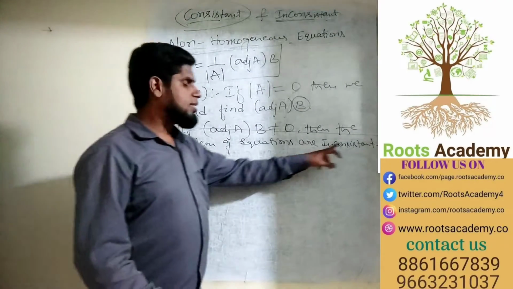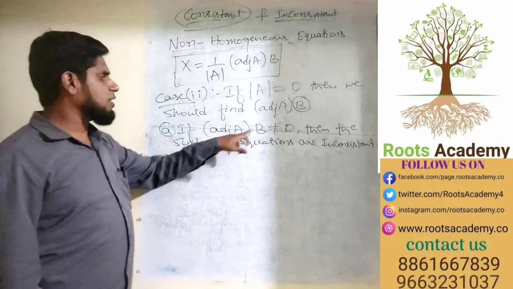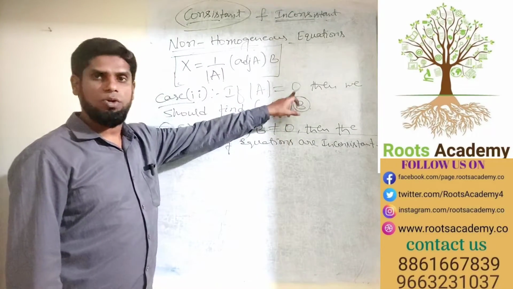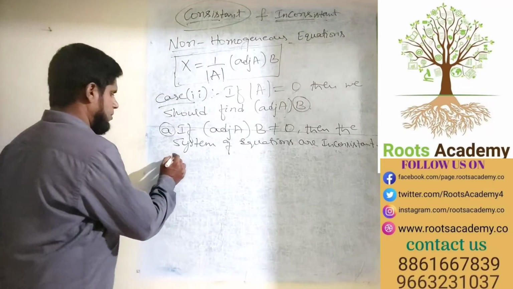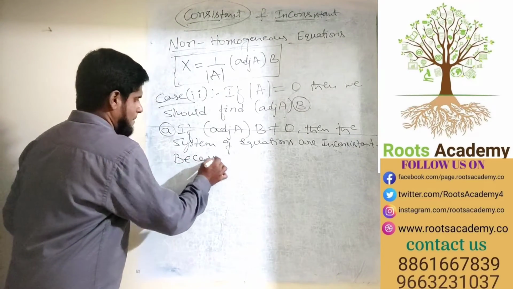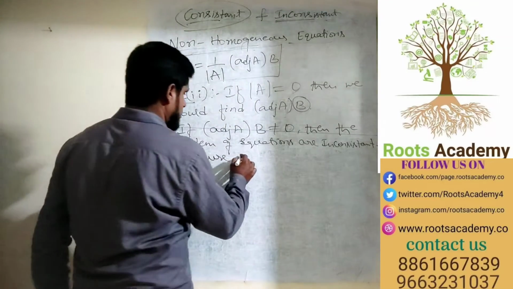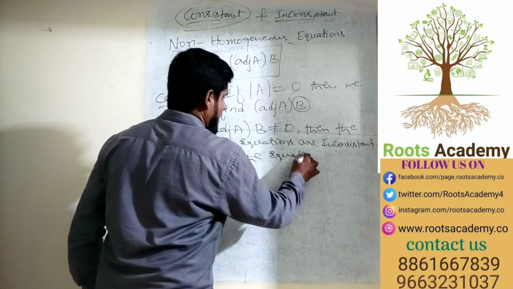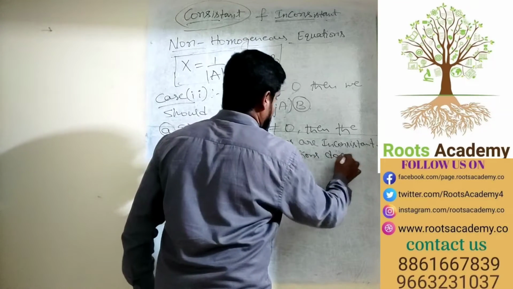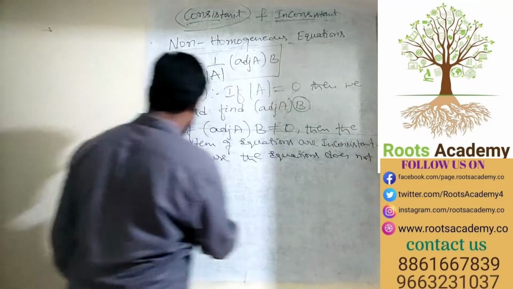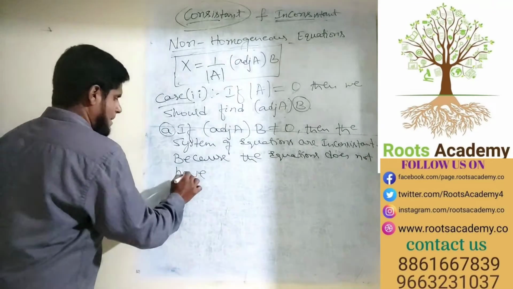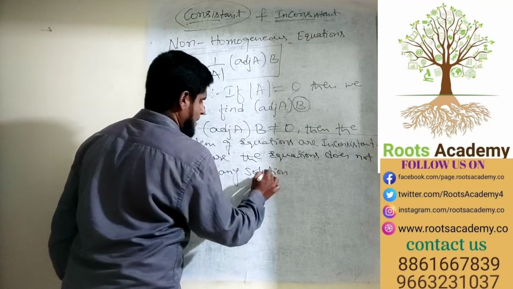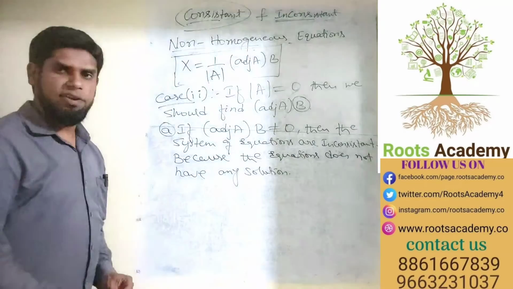Why is it inconsistent? Because it doesn't have any solution. Why doesn't it have any solution?